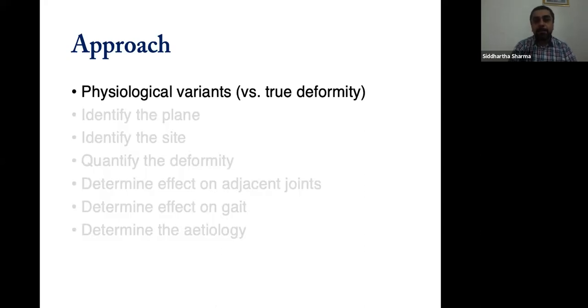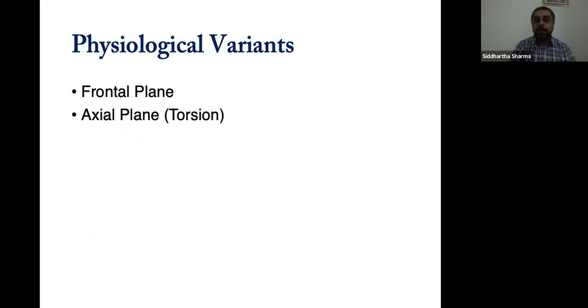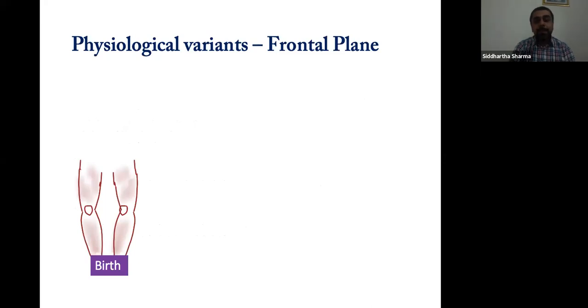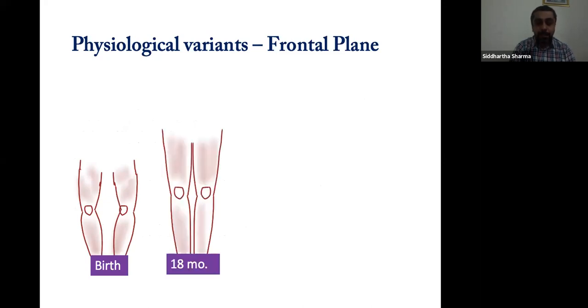So let's look at the physiological variants. Especially when you have a young child, you need to know the physiological variants, and you have variants that can exist in the frontal plane and also in the axial plane. At birth, you will notice that most infants have a physiological varus. This can be mild or moderate in intensity, but almost all infants have some degree of varus.